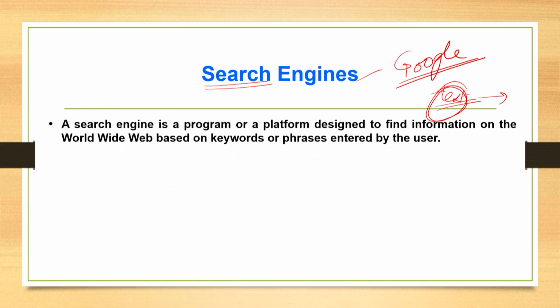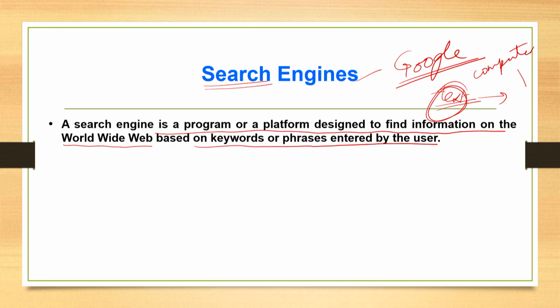So what exactly is a search engine? It is a program or a platform designed to find information on the www, that is the World Wide Web, based on keywords or phrases entered by the user. Suppose you write computer, or what is computer.